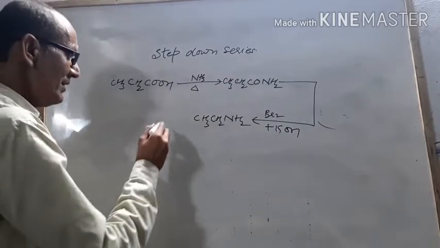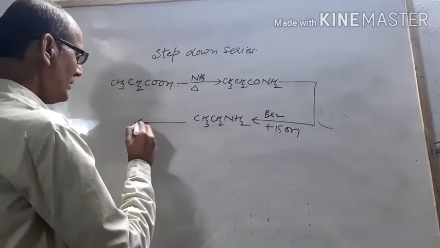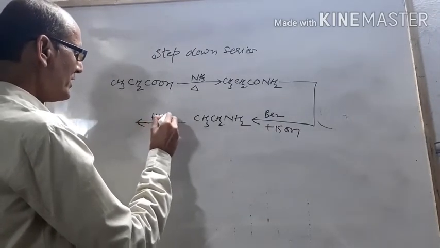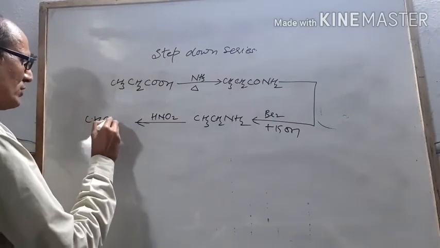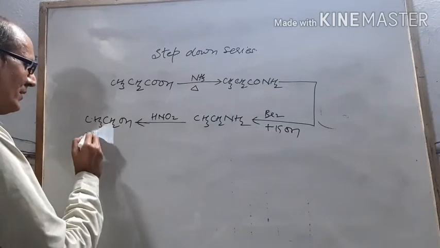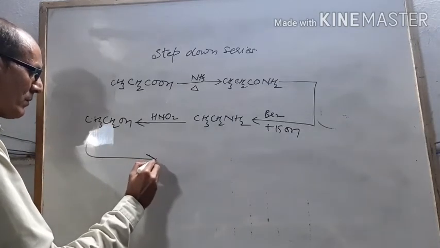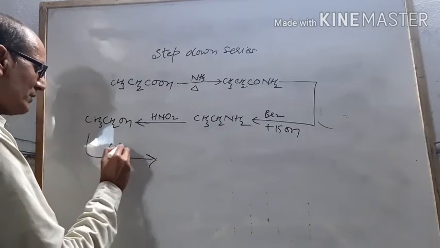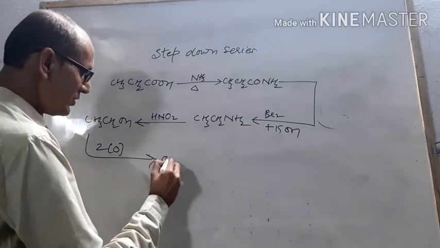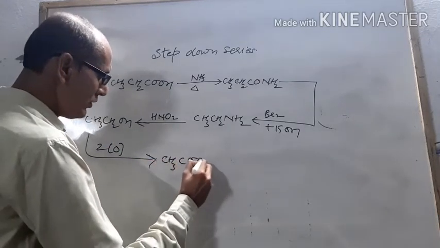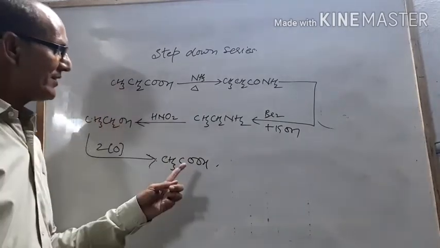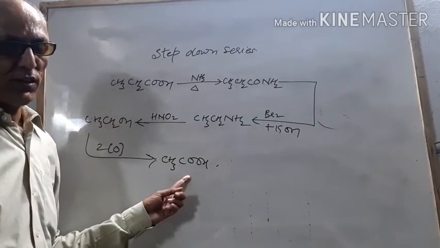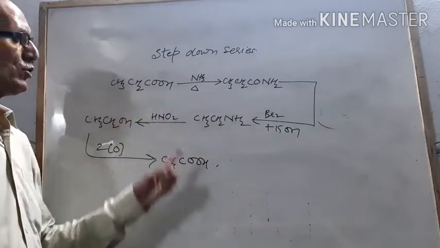Now we will convert it into alcohol by using HNO2. So CH3CH2OH, and then oxidize 2 times. So you will get CH3COOH. So you are seeing that there are propanoic acid and ethanoic acid. There are 3 carbons here and 2 carbons.